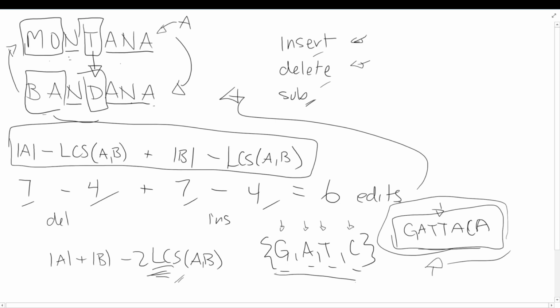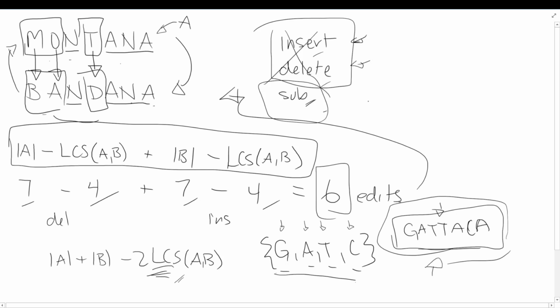So we could swap the T for a D. And we'll see with our special example here that we actually have one character for character swap out. That's actually very lucky for us. So we did 6 edits when we did just inserts and deletes. Well, if we add substitutions in, we don't need to do any inserts and deletes, only substitutions, and we can get away with 3 edits. So there's actually only 3 edits to change these two together if we allow ourselves substitutions.